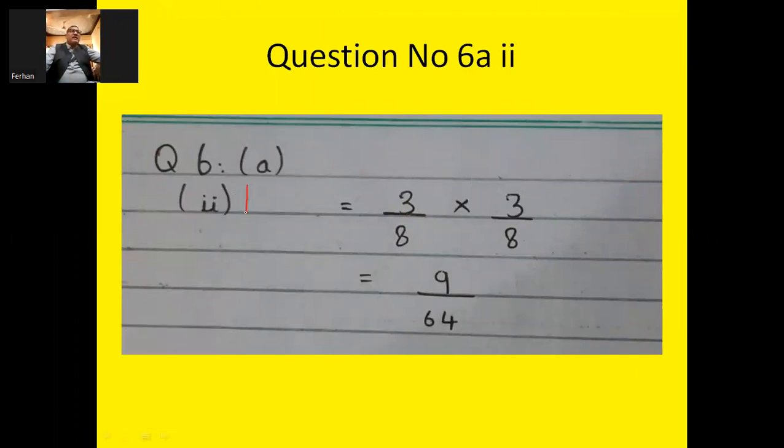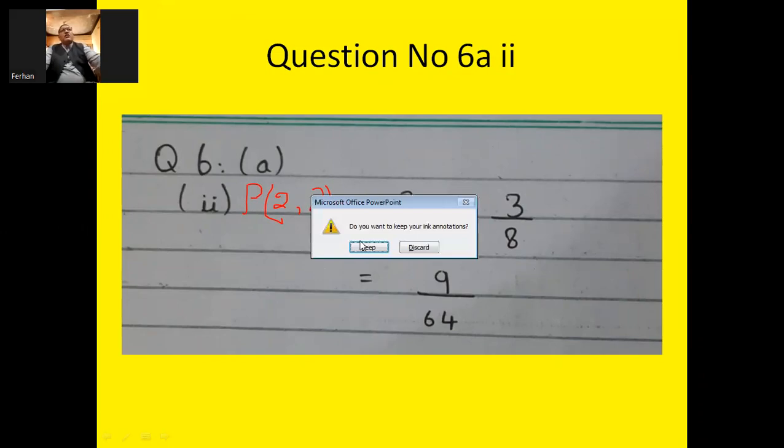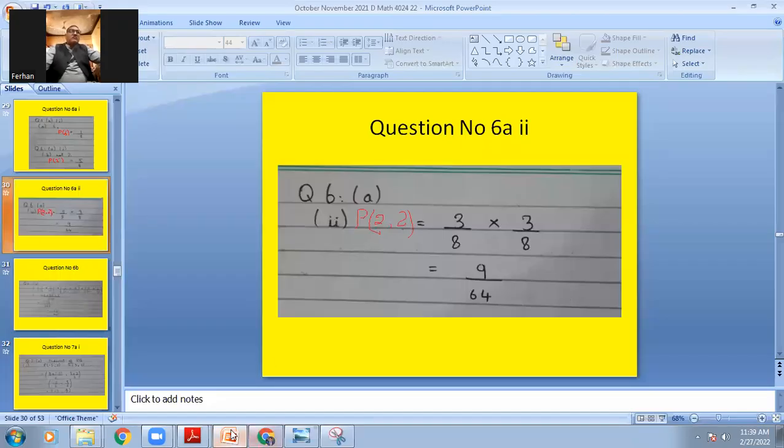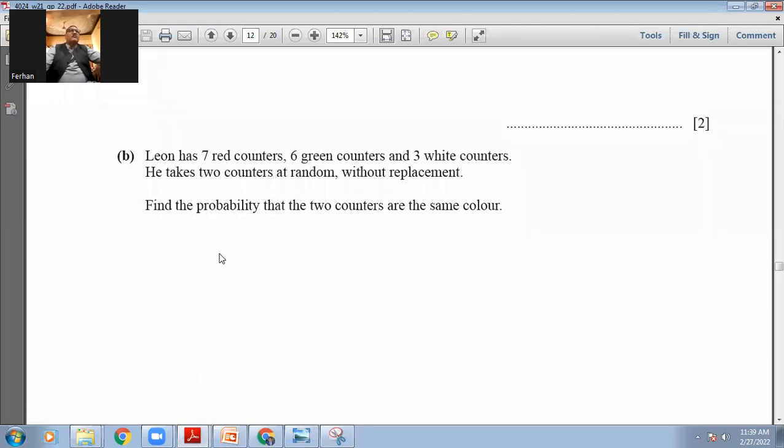So that's the probability of 2, 2. And that will be 3 by 8 multiplied by 3 by 8, and that will be 9 by 64. Okay, so next question.